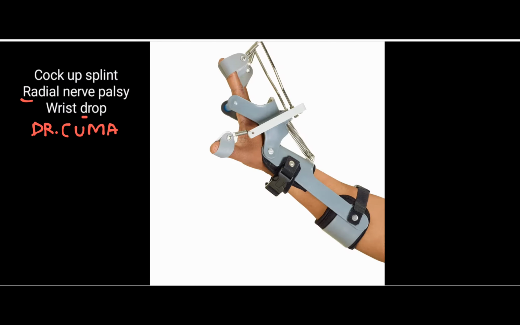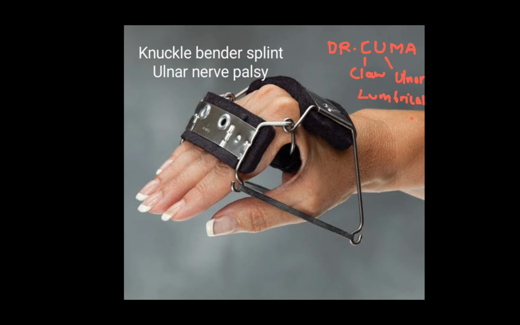Then next we have the cock-up splint. Cock-up splint is for radial nerve palsy. Radial nerve palsy causes wrist drop. Remember the mnemonic: D for drop by the radial nerve and claw hand by the ulnar nerve. So wrist drop caused by radial nerve palsy will be corrected by the cock-up splint. Then next we have the knuckle bender splint. Knuckle bender splint is for ulnar nerve palsy.